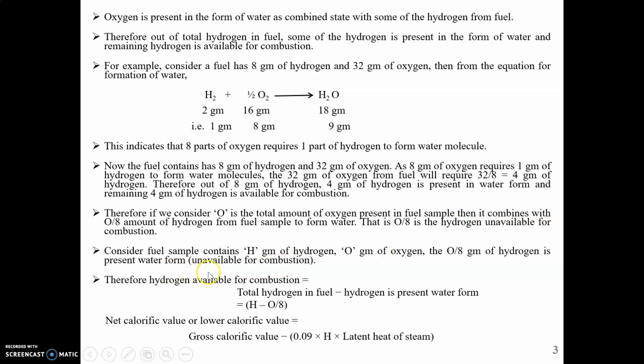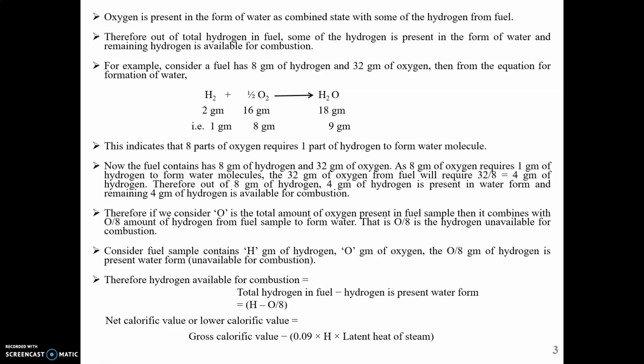Therefore, the hydrogen available for combustion is equal to the total hydrogen in fuel, that is H, minus hydrogen unavailable for combustion, that is present in water form, which is equal to O/8. Therefore, the hydrogen available for combustion which contributes to calorific value is equal to H minus O/8.